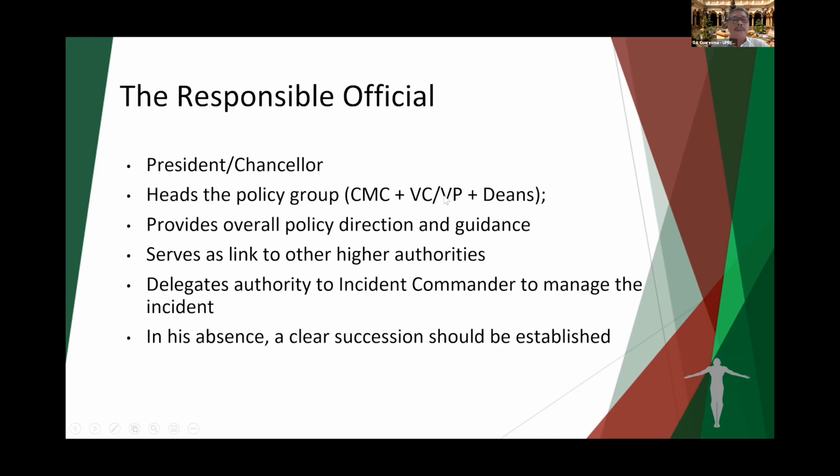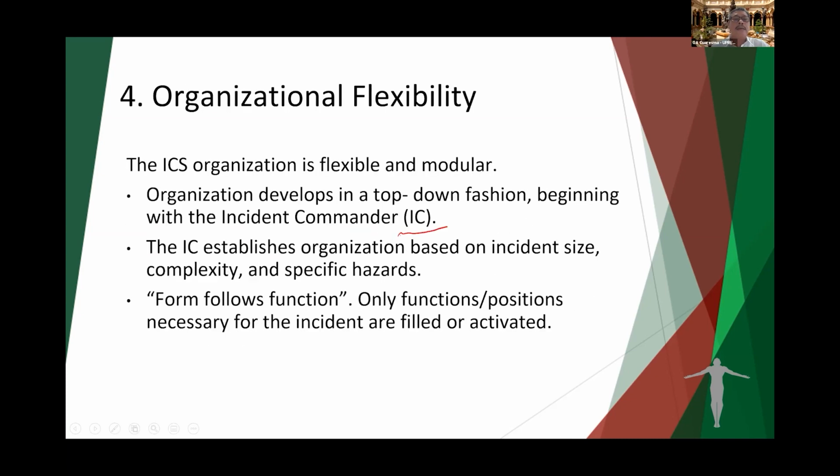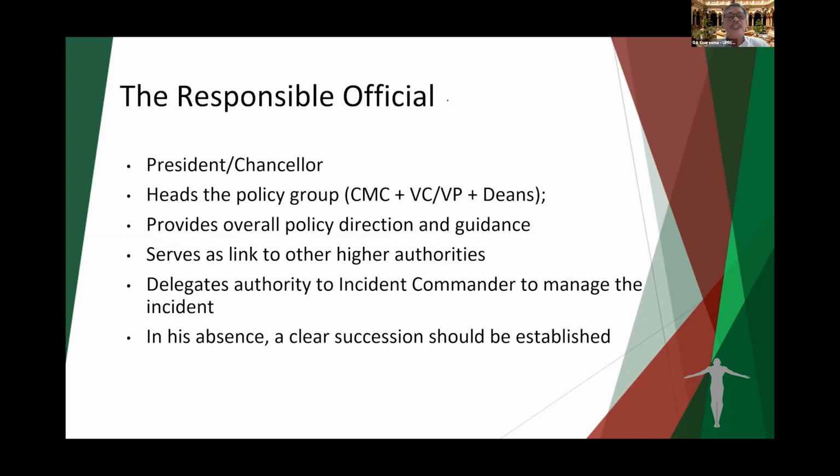incident. Now, in the incident command system, we have the responsible official, who in our case is the president in the case of a system-wide crisis or incident, or the chancellor of the constituent unit for local incidents.